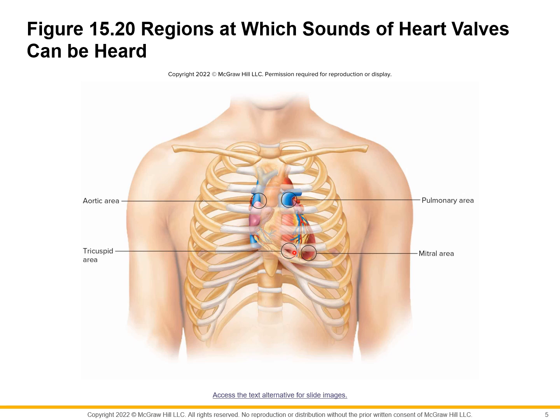So in the fourth intercostal space left to the sternum, you can hear the lub sound, the first heart sound, better than the dub sound, the second heart sound.